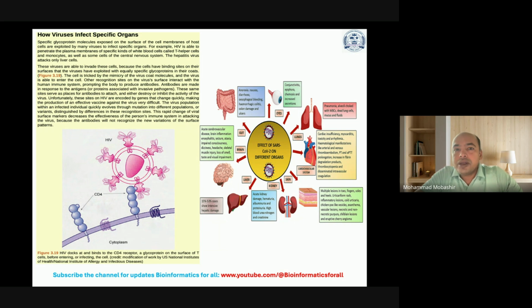Antibodies are made in response to the antigens, and these same sites serve as the places for antibodies to attach and either destroy or inhibit the activity of the virus. Unfortunately, these sites on some viruses, for example HIV, are encoded by genes that change quickly, making the production of an effective vaccine against the virus very difficult.